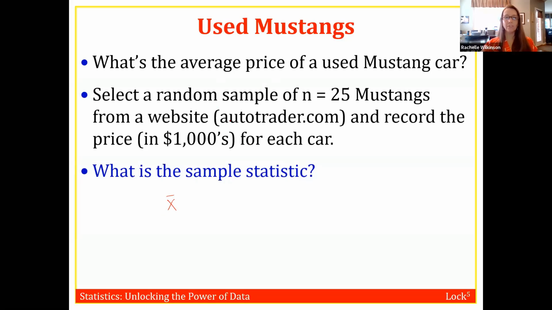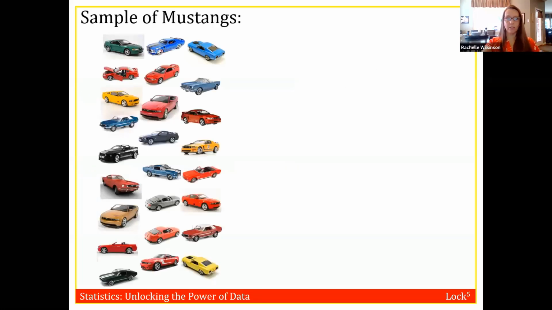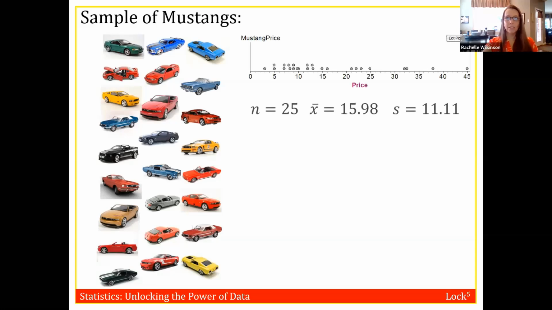With the information that I have so far, I don't know what the value is, but if I can get a hold of that sample of the 25 Mustang car prices, then I could compute that sample mean and I would have a value for my X bar. So that is what I'm going to do here. Here is a sample of 15 used Mustangs.